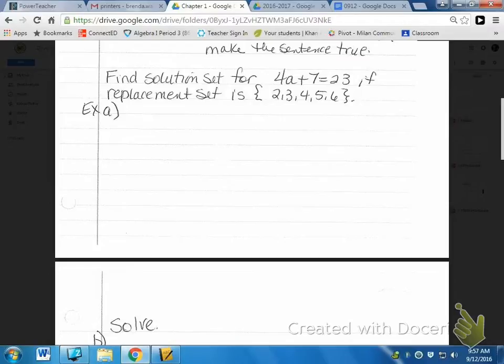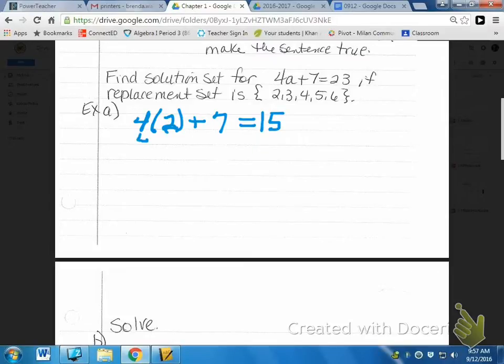You're going to take 2 first of all, and you're going to go 4 times 2 plus 7. And you're going to see what that equals. If it equals 23, then definitely that would be your solution for the solution set. But 4 times 2 plus 7, what is that? 15. So that one doesn't work.